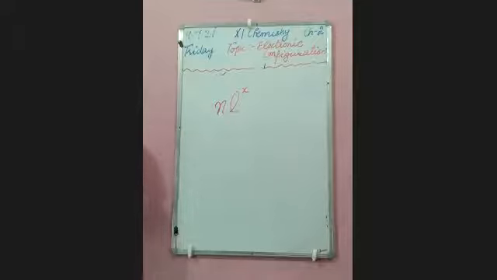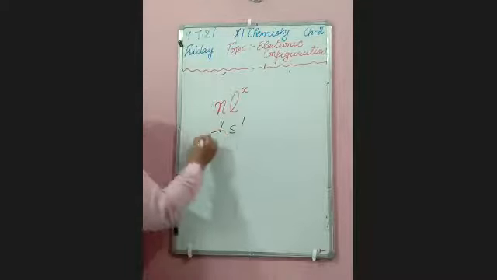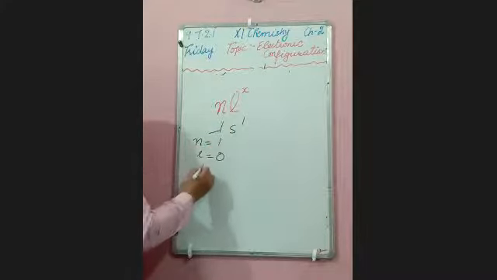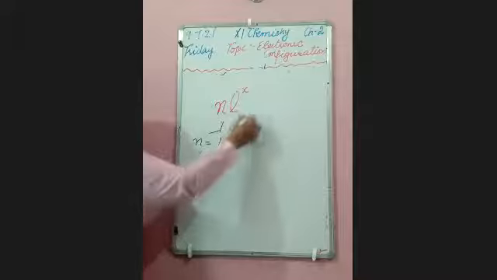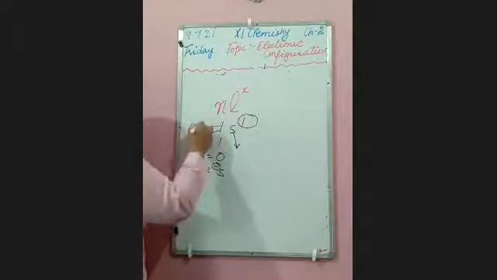Like I am writing 1s1, which means its n is 1, l is 0, and it is having 1 electron in it.